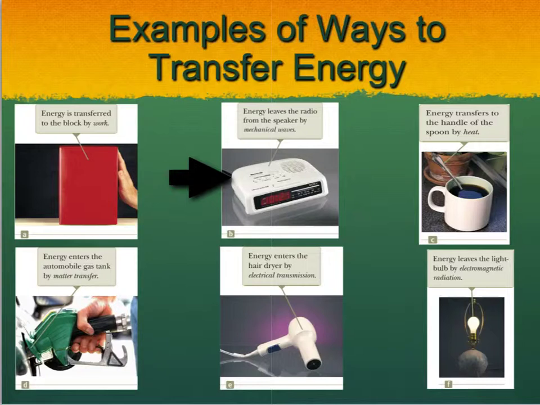We could also transfer energy through mechanical waves. And what that's doing is we're transferring energy by allowing some type of disturbance to propagate through a medium. So medium just meaning like water or air. And a sound of an alarm clock would be an example here. We could also have energy transferred in terms of heat.